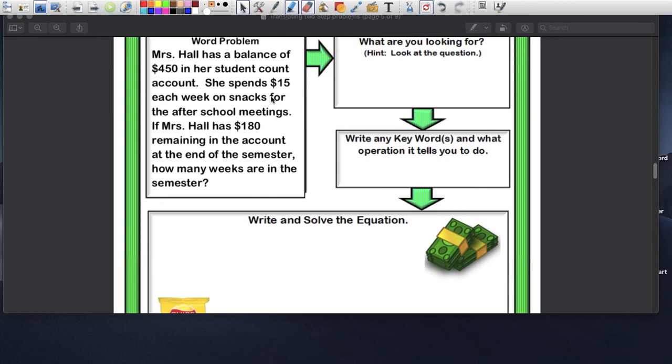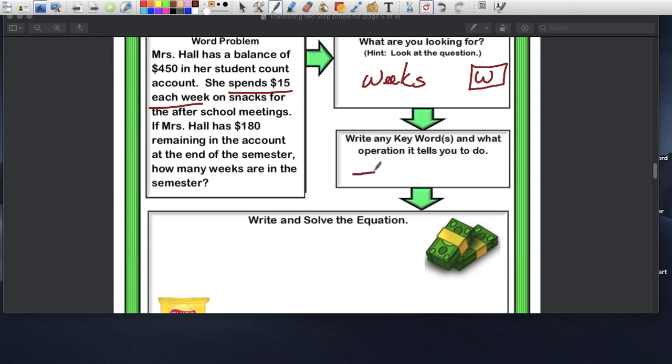All right, so Mrs. Hall has a balance of $450 in her bank account. She spends $15 each week on snacks for the after-school meetings. And Mrs. Hall has $180 remaining in the account at the end of the semester. How many weeks are in the semester? Okay, so this one's a little bit different. So what am I looking for? I'm looking for the number of weeks that are in the semester. So again, weeks, so my variable is going to be W. She spends $15 each week.